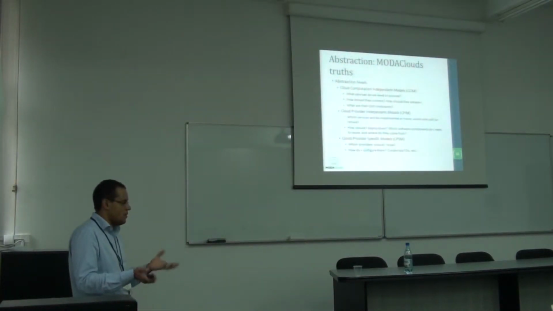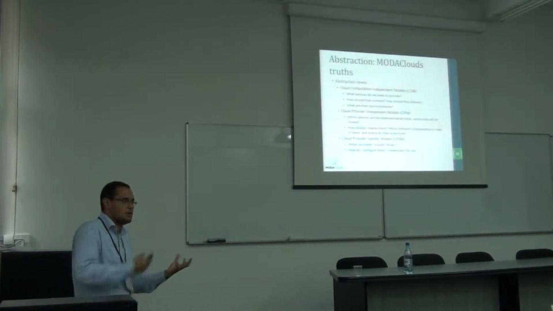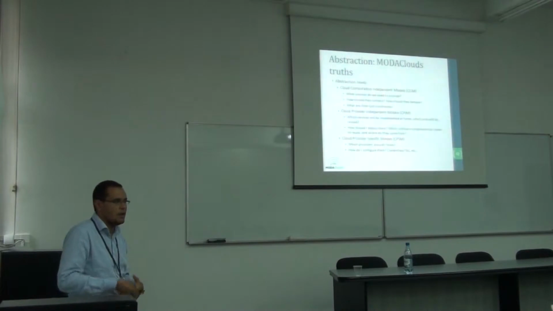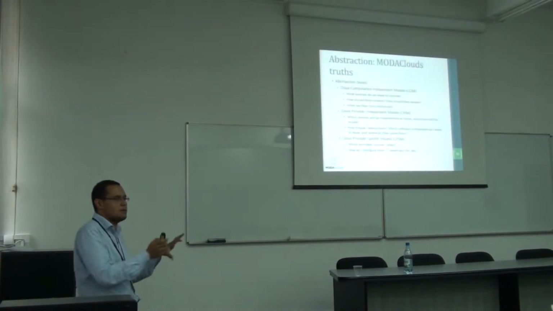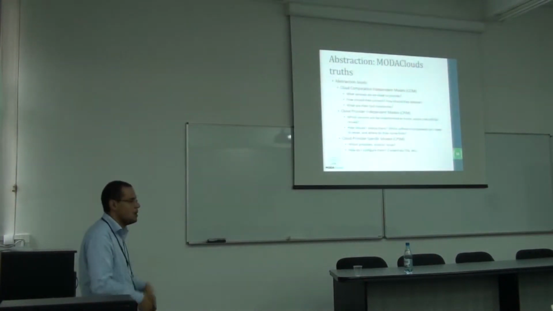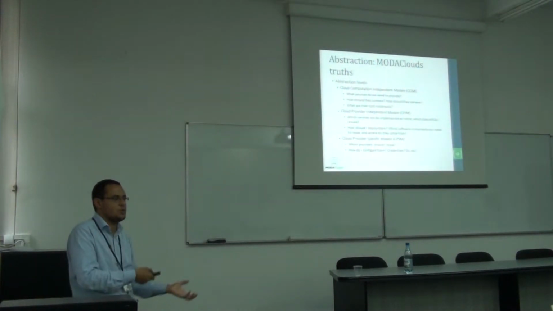So when I have an application, I need a database, I need an email server, I have service A, service B, that's the way they're connected. But what if I want to deploy this thing on Amazon? What if I want to deploy them on other cloud providers? So what's going to change?